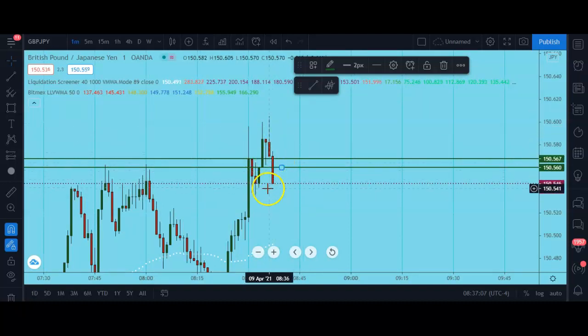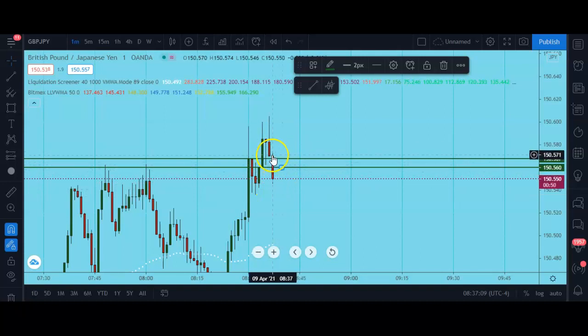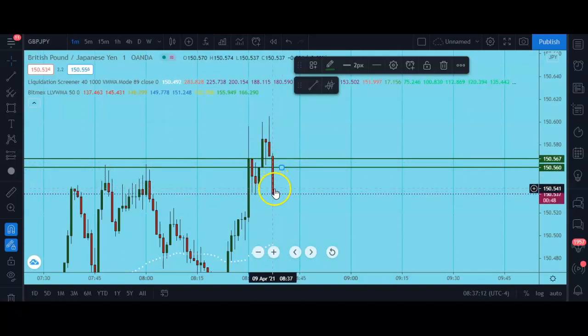So there's your bearish engulfing, your bearish candle rather, and a very long candle.